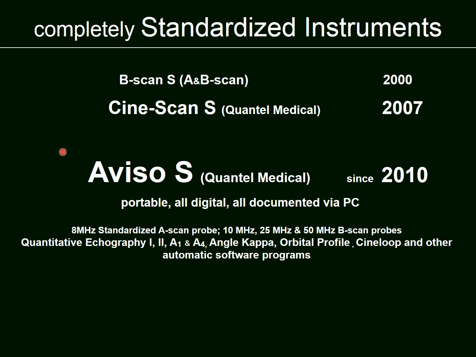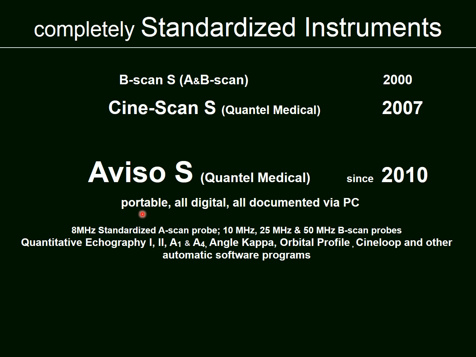This is a list of completely standardized instruments that are on the market since the year 2000. The most complete and advanced is the Aviso S for standardized A scan and for B scan by Quantel Medical, available since 2010.